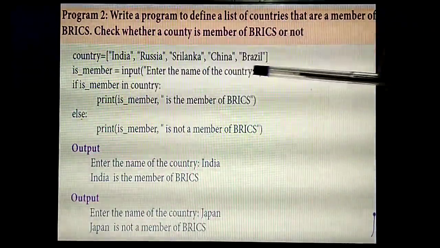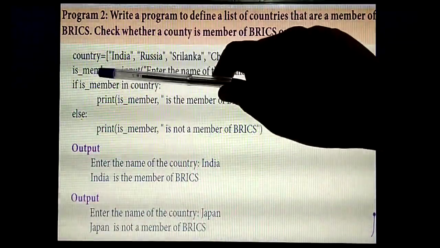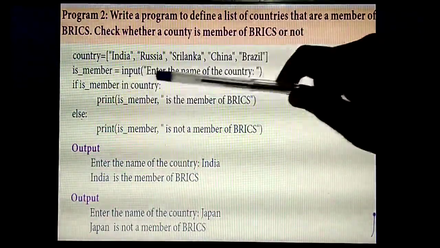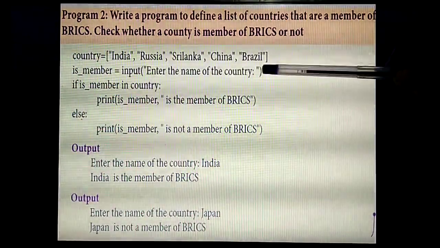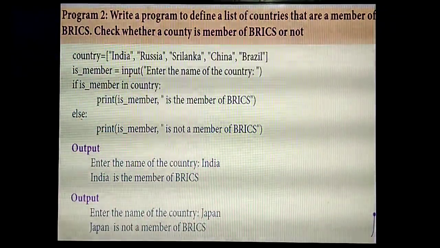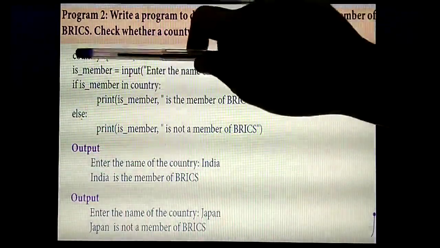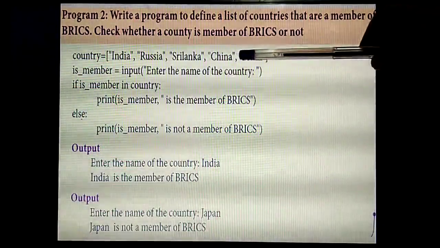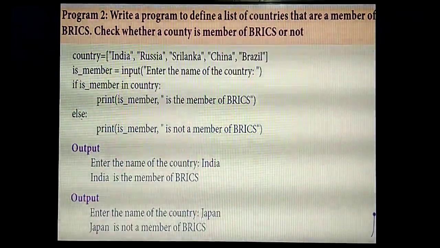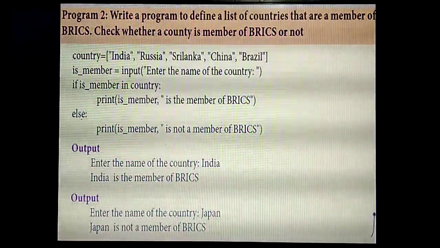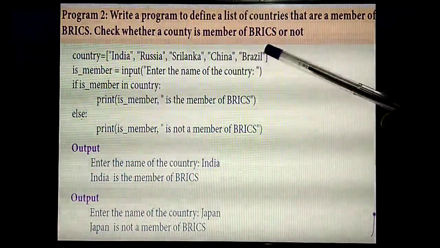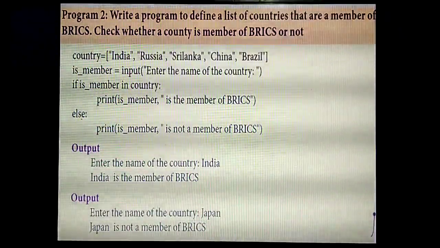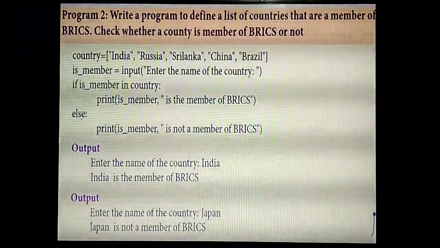You enter the name in the variable isMember, so you check if isMember in country. What's the meaning? Whether the name of the country you enter is present inside the list country. Understand or not? That is what you are going to check.